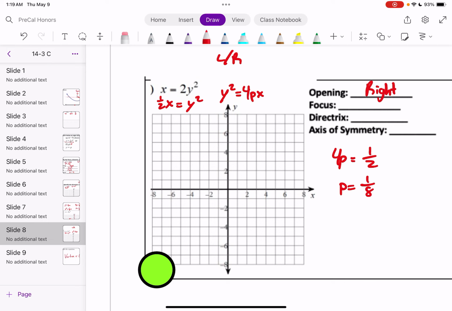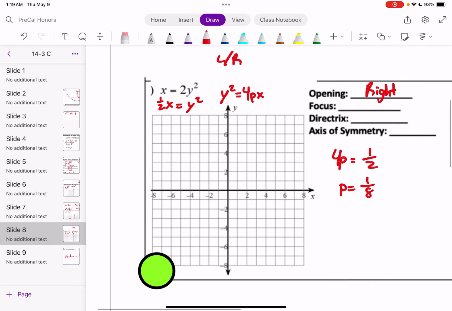Now, because we are going right and left, that means that our focus would be on the x. So we have (1/8, 0). Our directrix would be x is equal to negative 1/8.